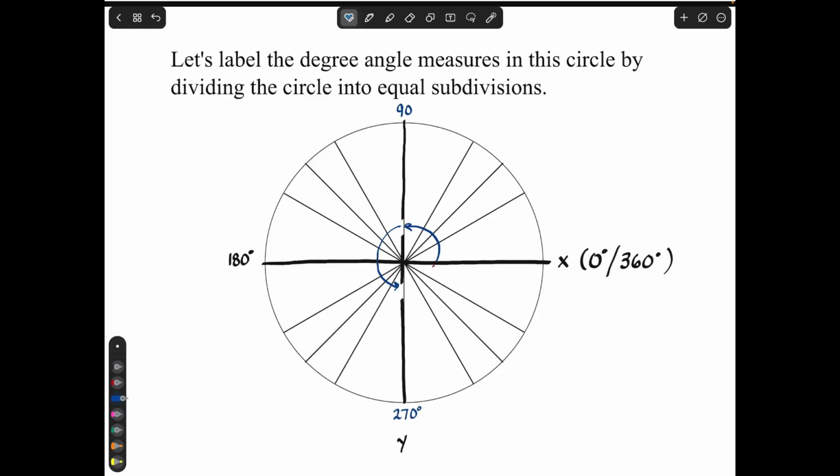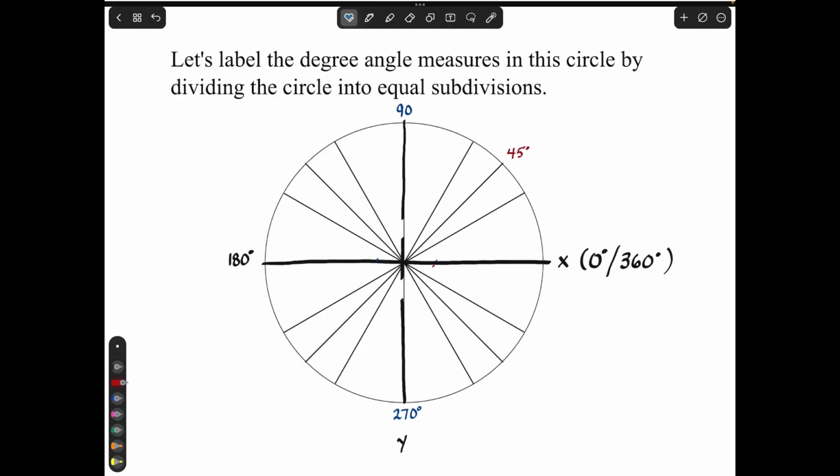And then we're going to break it into smaller subdivisions. So if we go back up to the top, looking at quadrant number 1, if we go halfway across quadrant 1, we know that this is our 45-degree angle.